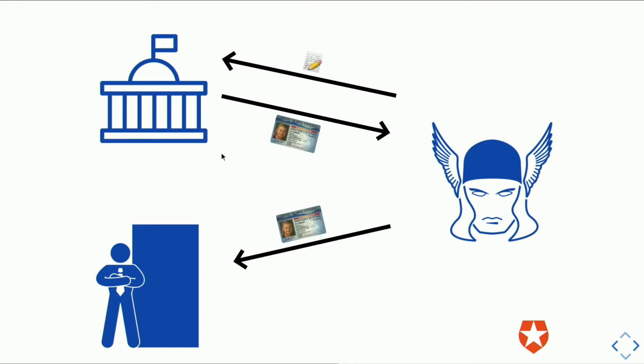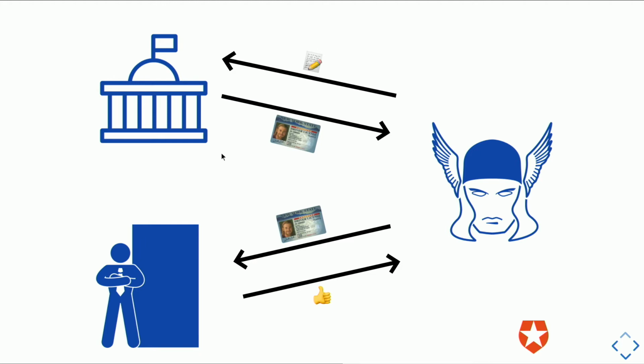And when he gets to the bar, the security guard up front would ask him, hey, before you can get in, I need to see your identification. And he would present his driver's license. The security guard would look at the driver's license, scan it with the hologram machine, with the ultraviolet light machine, and see that this identification came from a trusted source, the Department of Motor Vehicles, and he would say, great, you are who you say you are, over the age of 21, we validated all this, so you can go into the bar.